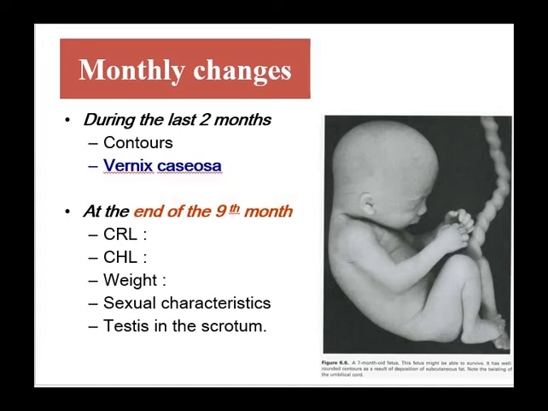Nowadays, obstetricians calculate the date of birth as 280 days or 40 weeks from the first day of last menstrual bleeding, but this is for women with regular 28-day menstrual periods. And also they use ultrasound to estimate the fetal age and the fetal weight.